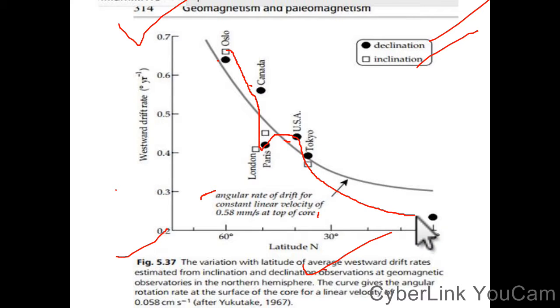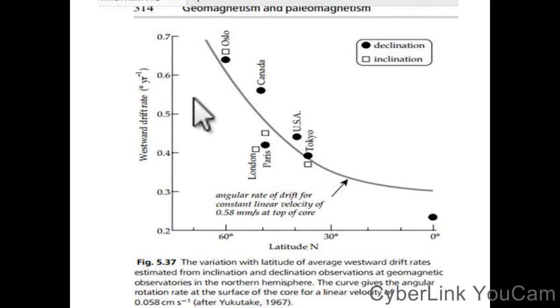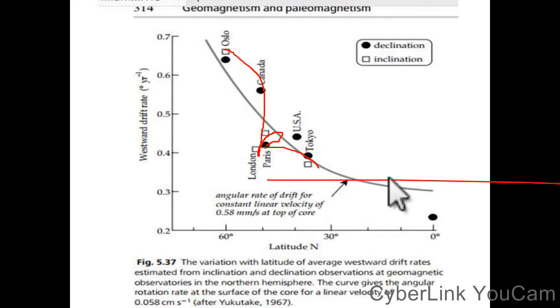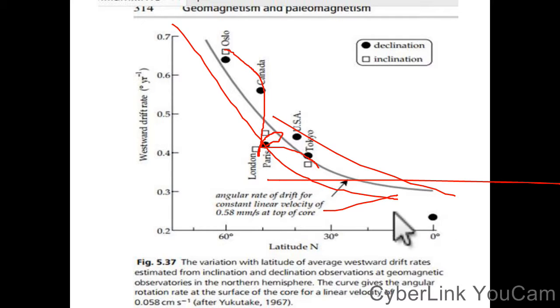Okay, it is the declination, and inclination it is, so it is the curve. Angular rate of drift for constant linear velocity it is. Okay.